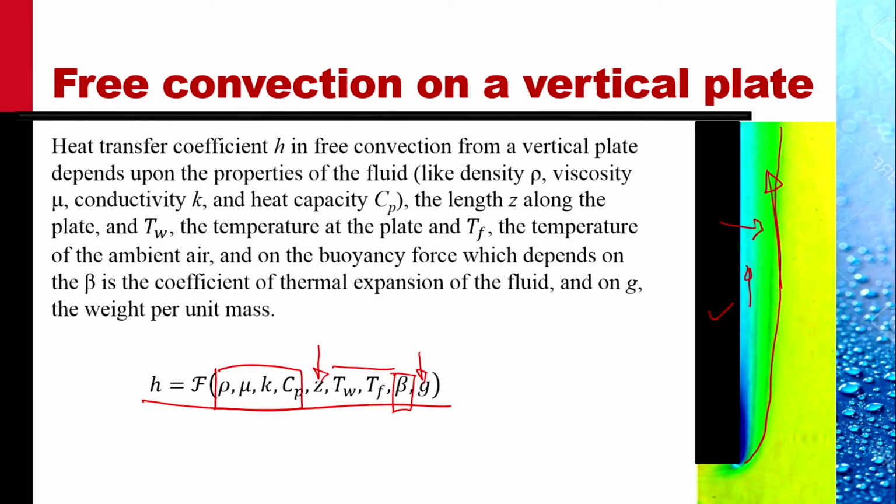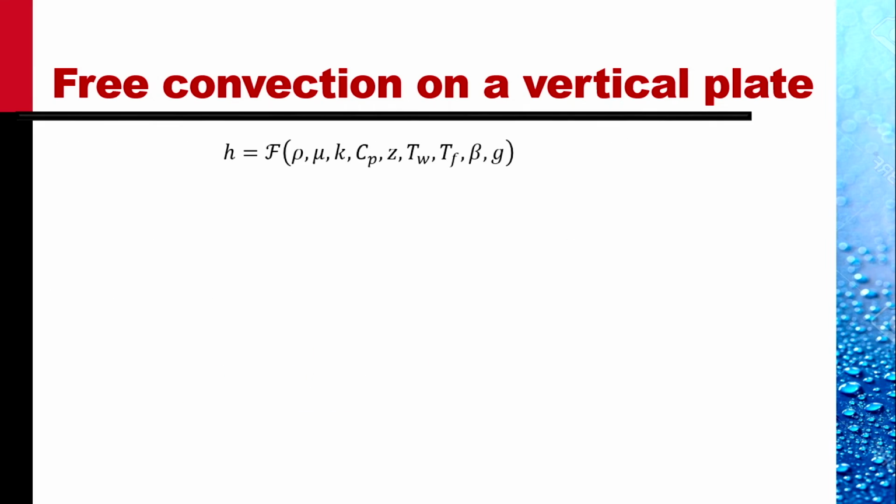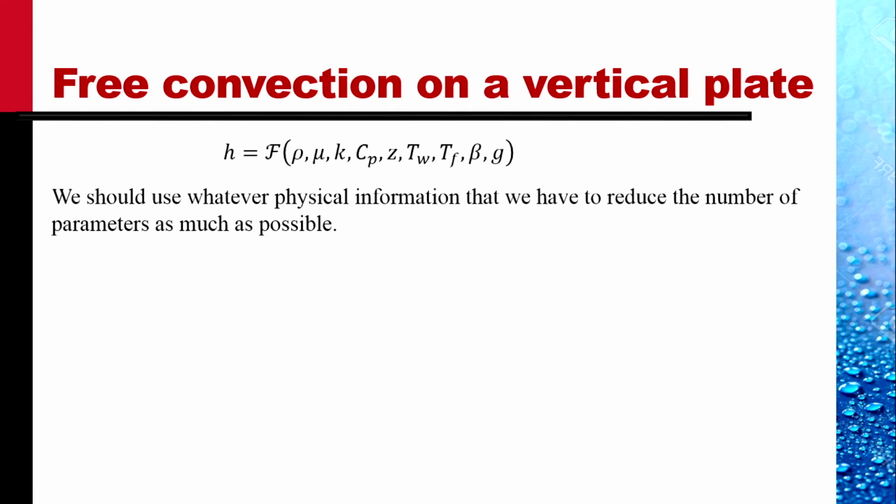There are 9 independent parameters. We'll repeat the expression here. It's a very large number of parameters. We should use whatever physical information that we have to reduce the number of parameters as much as possible.